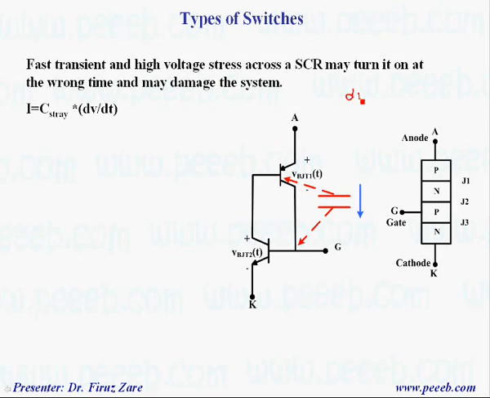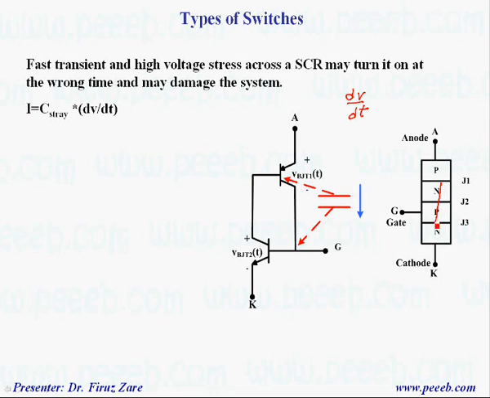That means we have to control dv/dt. Because the thyristor is a 4-layer device, we can consider it as 2 transistors in this configuration. The first transistor is a PNP transistor.